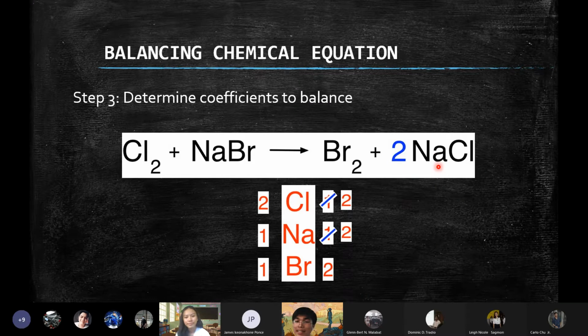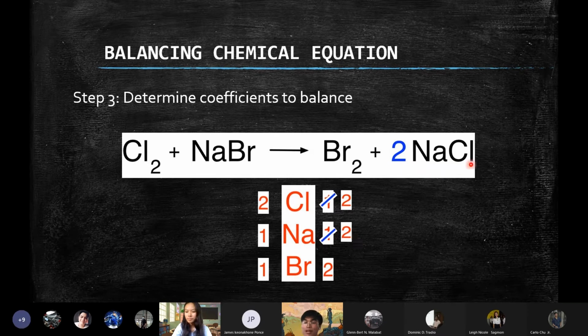But after we added the coefficient 2, it became 2 times. There is an invisible 1 here, a subscript 1 in every element. So supposedly we only have one atom of sodium on the reactant side, but because we added 2 on the left side of the formula, it became 2 times 1 is equal to 2.